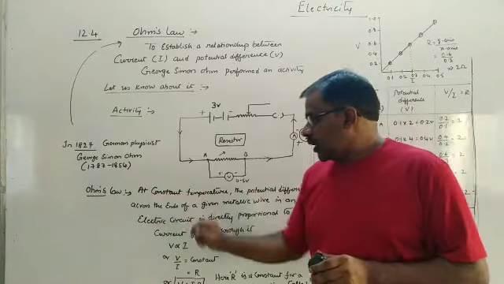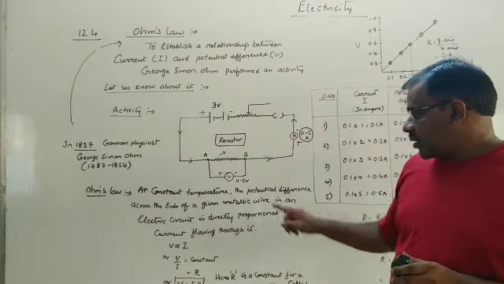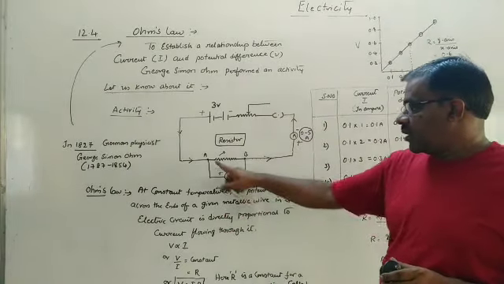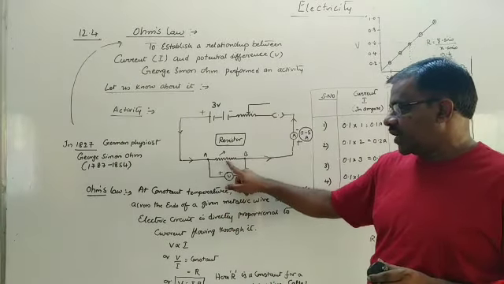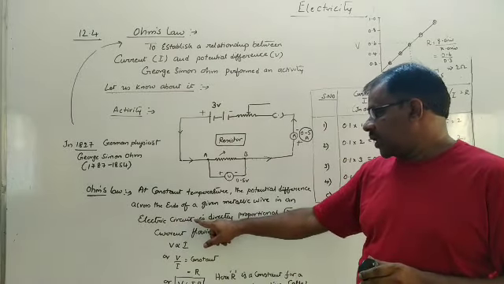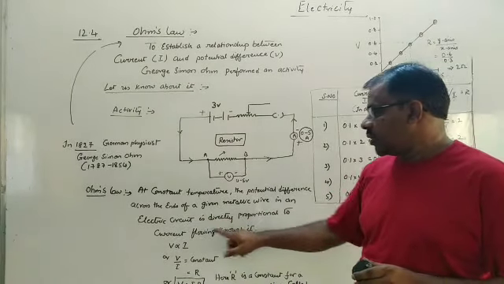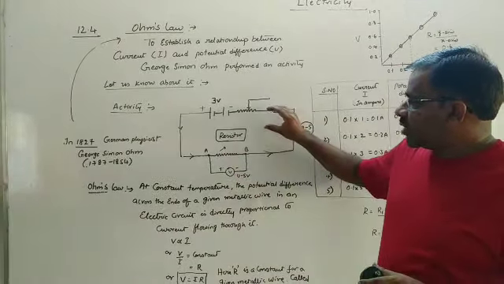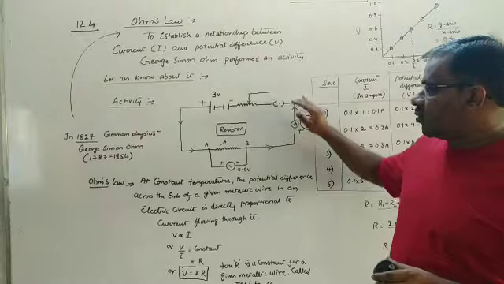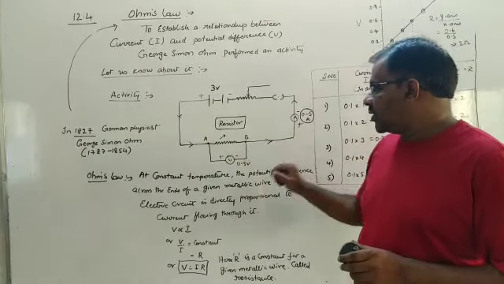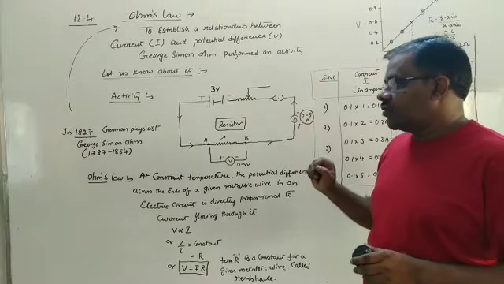According to Ohm's law, at constant temperature, the potential difference across the ends of a given metallic wire in an electric circuit is directly proportional to the current flowing through it. So the potential difference makes sure that the current in the circuit depends on it. If you increase the voltage, the current in the circuit will increase.